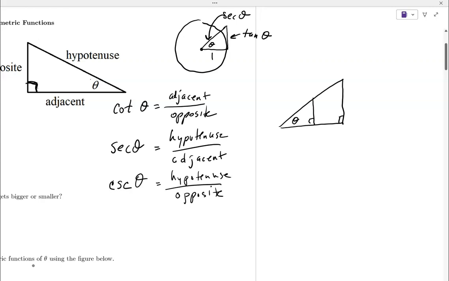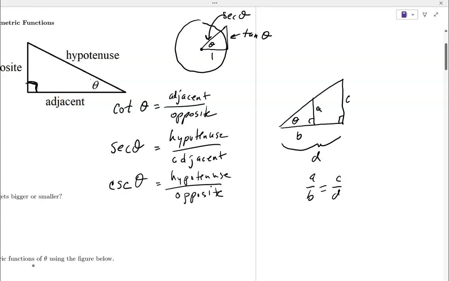I have a smaller triangle similar to a bigger triangle there. And remember that for similar triangles, those corresponding ratios are the same. So if I had, say, A and B here, and I had C and D here, if they're similar, then A over B is the same thing as C over D.